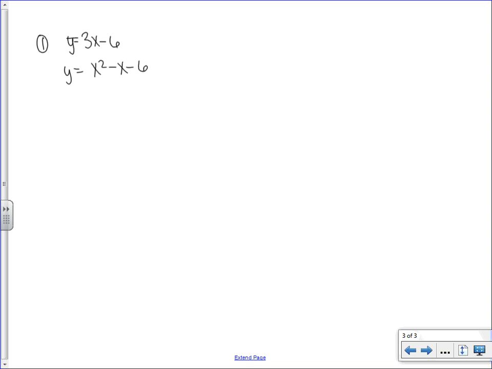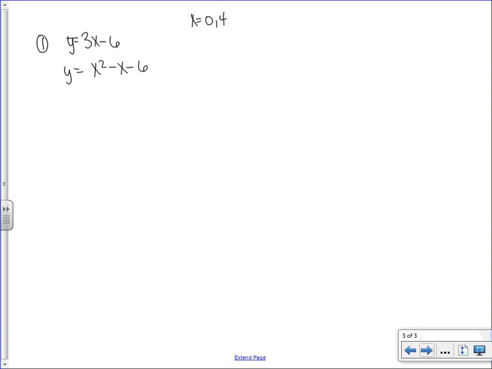What most of you, I'm sure, did is put this into the graph part of your calculator, and then looked at the table to see where the y values were equal. You should have gotten equal values at choice 2, x equals 0 and x equals 4. That is an okay way to do this because it was a multiple choice question.